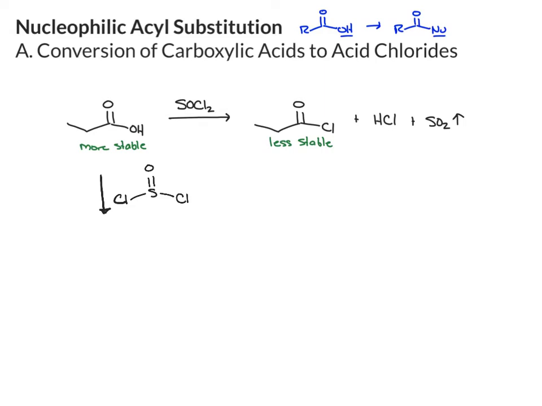So what happens here, we're going to use a lone pair on this OH, add it to the sulfur almost like we would a nucleophile to a carbonyl carbon. The resulting product has a bond to the sulfur, O minus, Cl, Cl, and a positive on that oxygen.